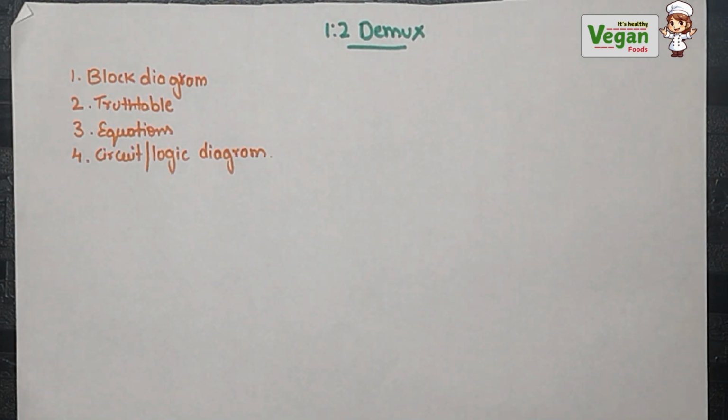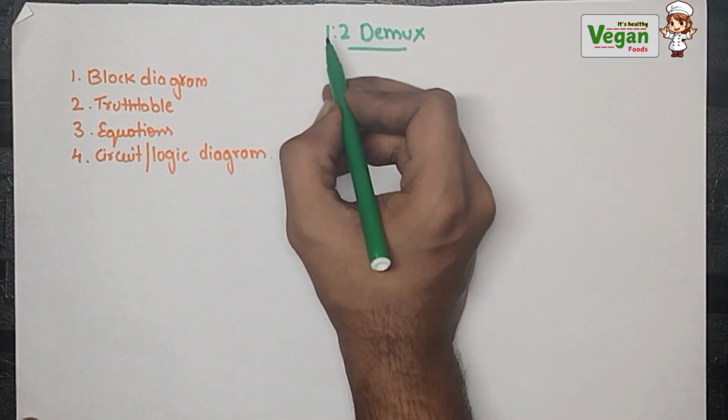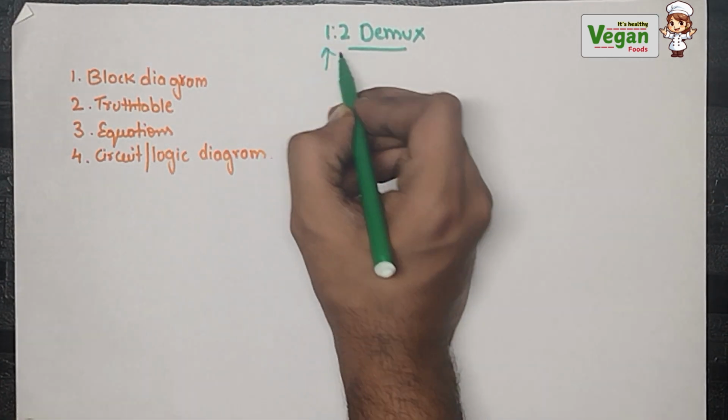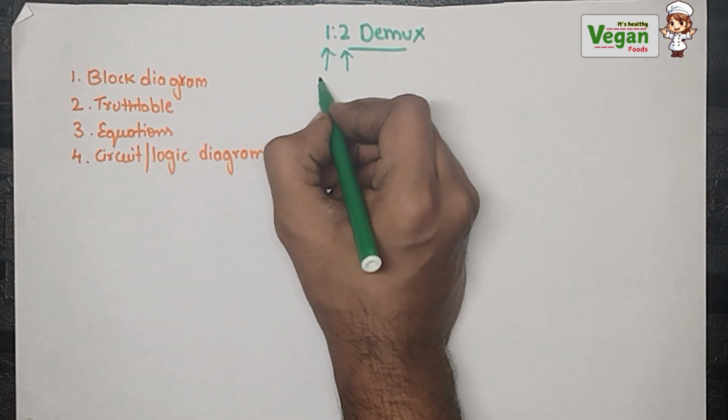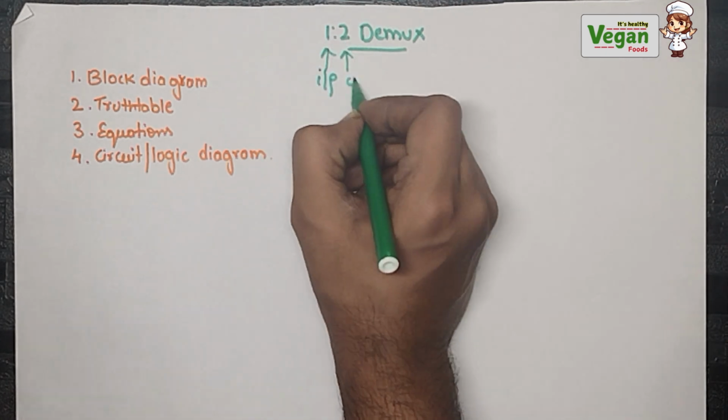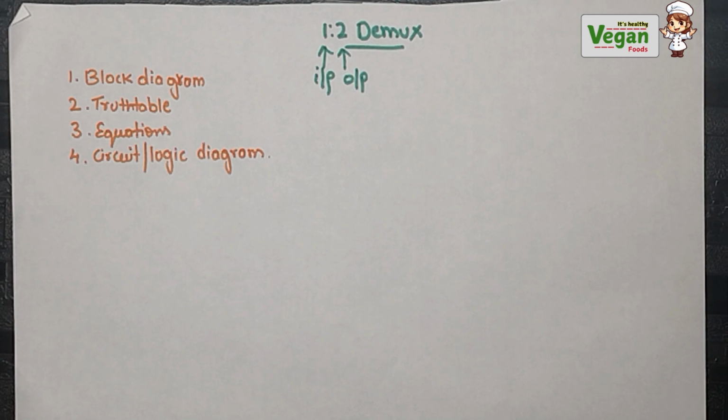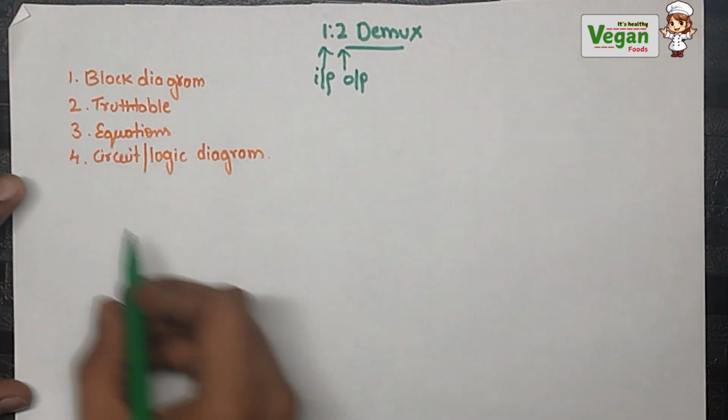So, the first step is writing the block diagram. If we see the question, what is it? 1:2 demultiplexer. 1 represents the input and 2 represents the output. So in a 1:2 DEMUX we will have 1 input with 2 outputs.